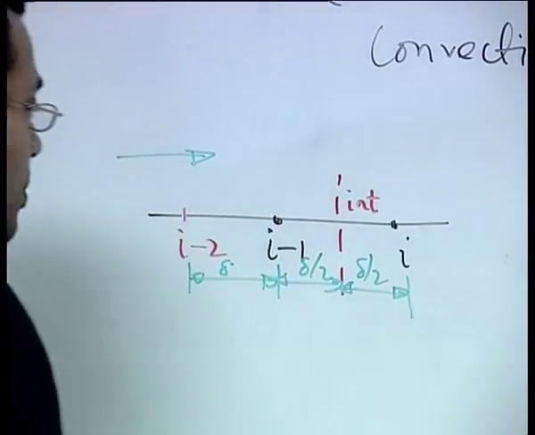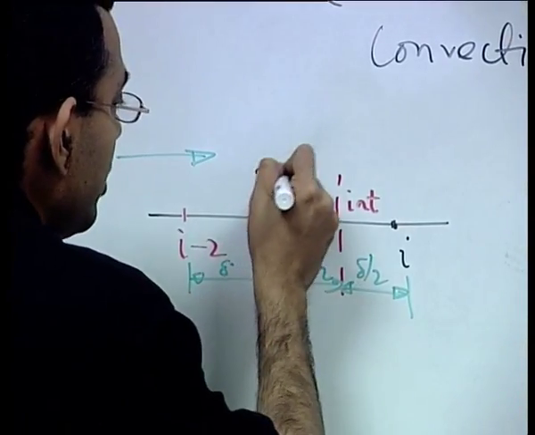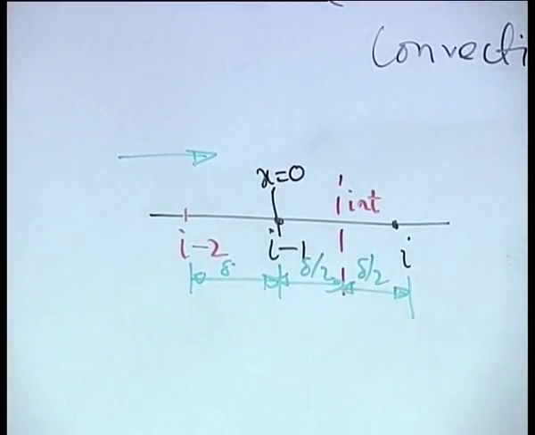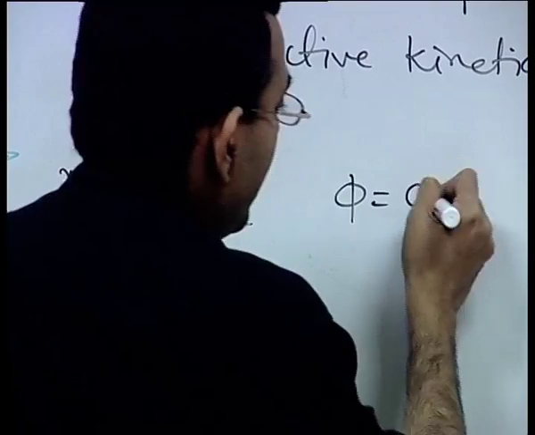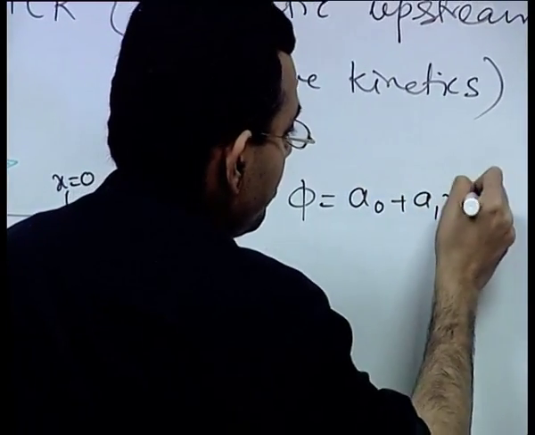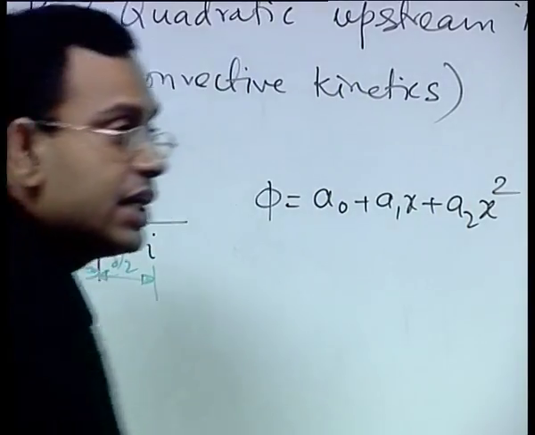Let us fix up our origin of the coordinate system somewhere, let us say this is x equal to 0 and let us say that we consider phi as a0 plus a1x plus a2x square. This is a quadratic profile.